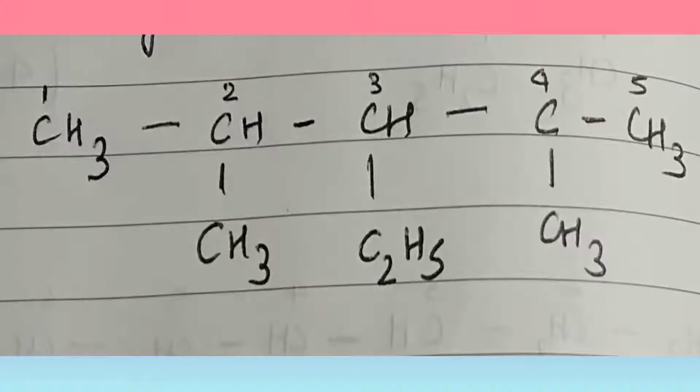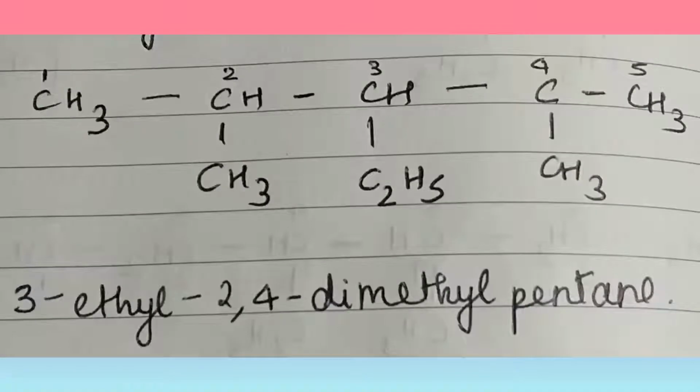So the sum here will be 2 plus 3 plus 4, that is nothing but 9. Now coming to the naming of this compound, it's the same way, but here, since we have 2 methyl groups present, we name it as di. So the name finally is 3-ethyl, because the ethyl group is attached to the third carbon.